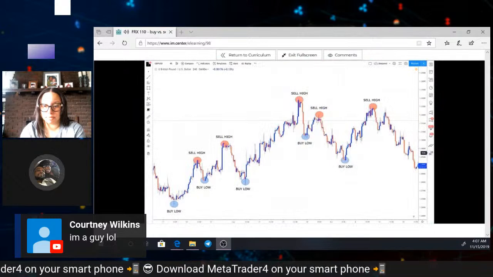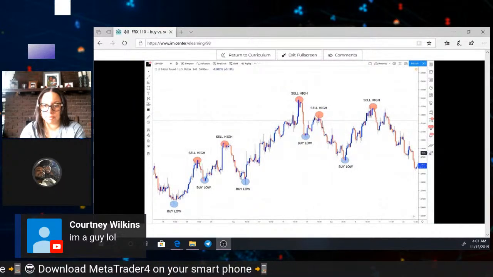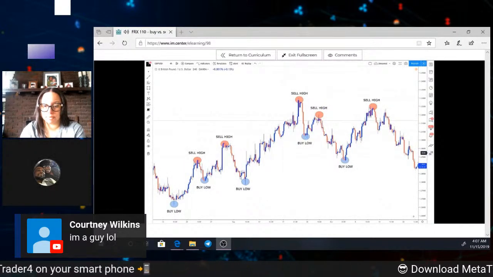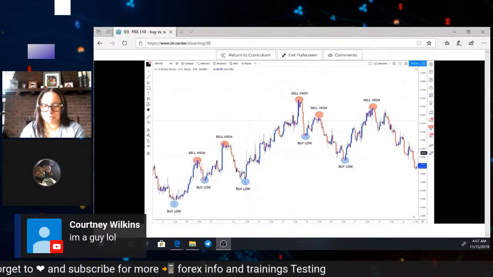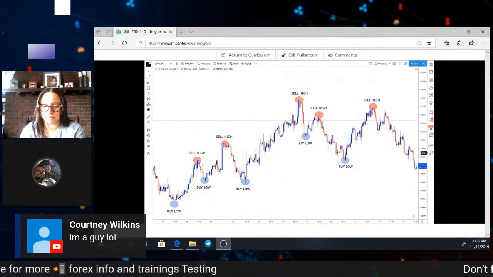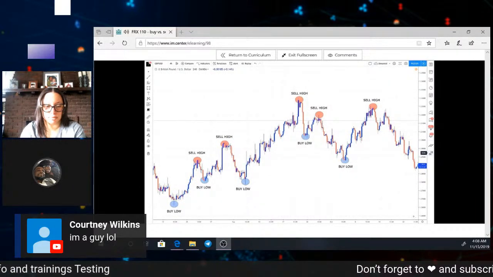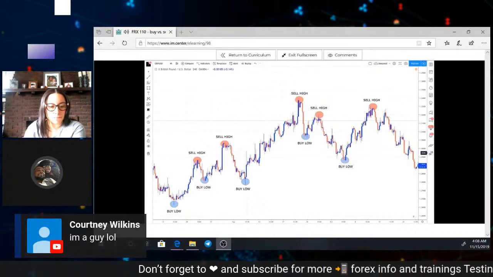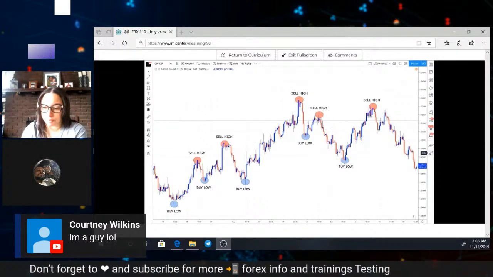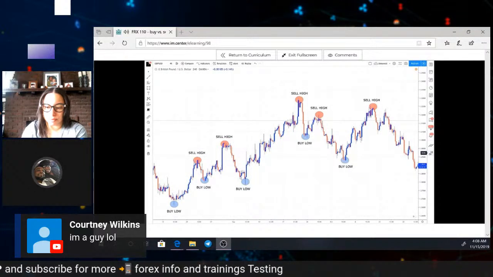Let's take a look at the live charts here. We went ahead and highlighted different points in the market where the market was high and low. These are the best places for a trader to want to buy and sell inside of the market. The whole goal of making money is to learn when to buy, and you make money as the exchange rate is changing.